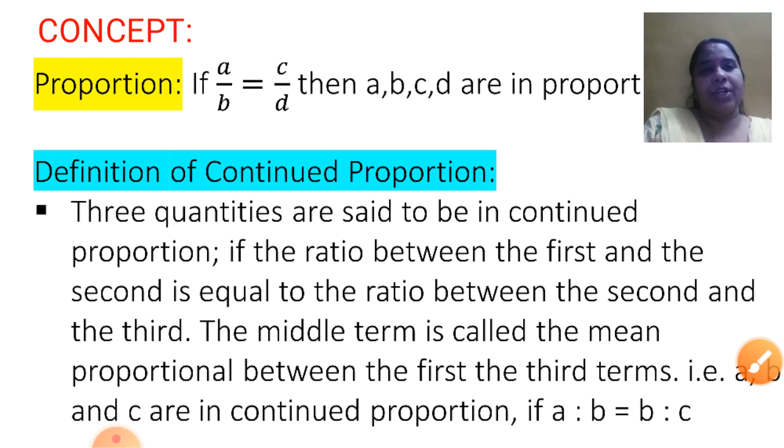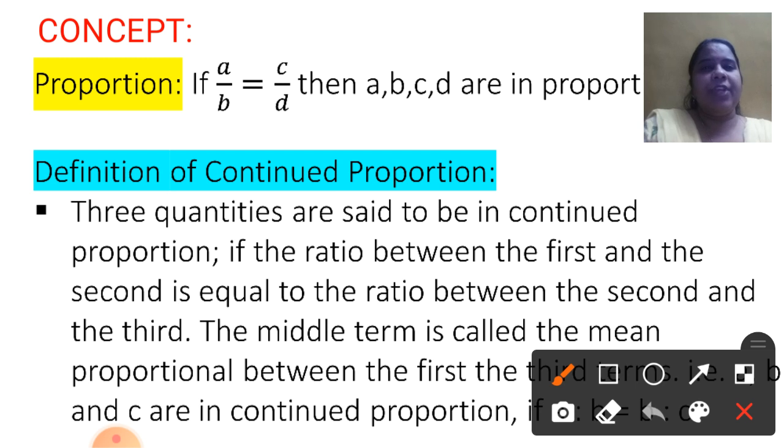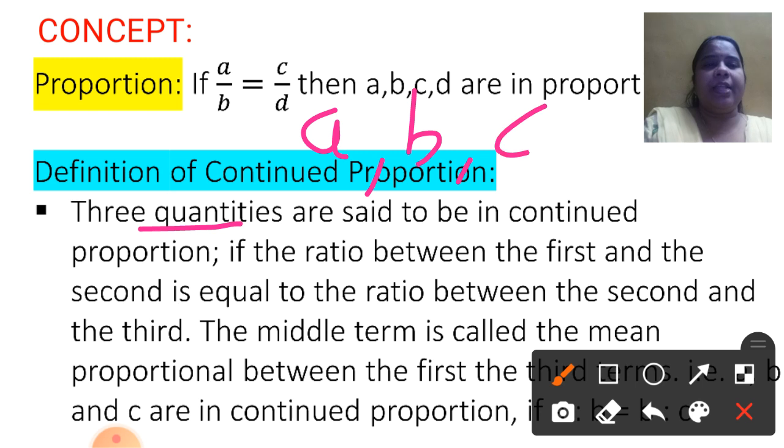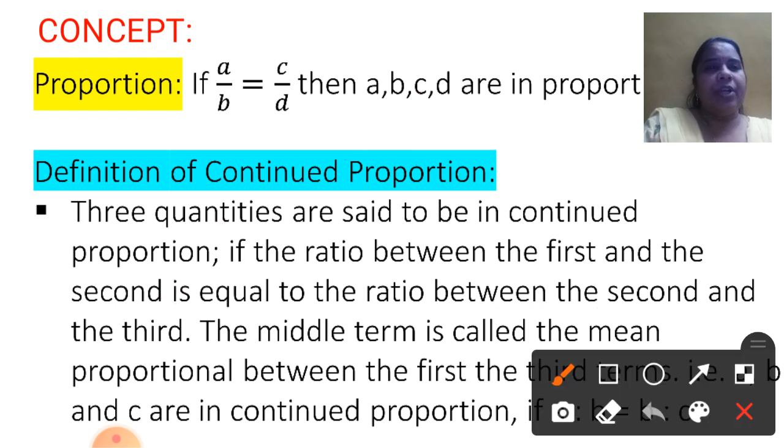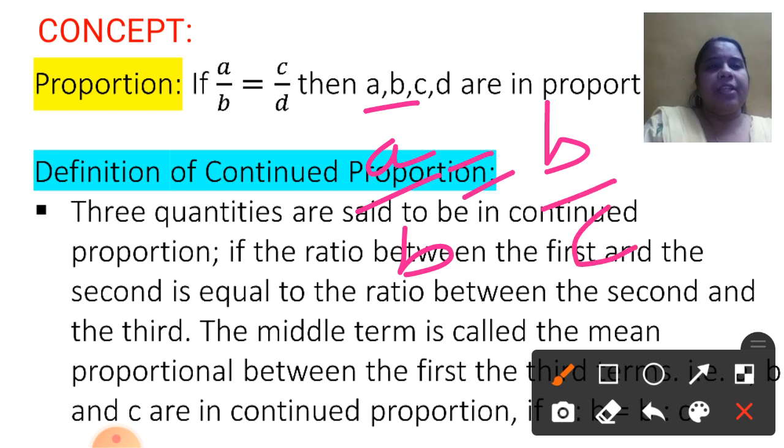Let's see the definition of continued proportion now. In continued proportion, instead of four numbers, we require only three quantities. Suppose I have three quantities A, B and C. If the ratio between the first and the second is equal to the ratio between the second and the third, then these numbers are said to be in continued proportion.